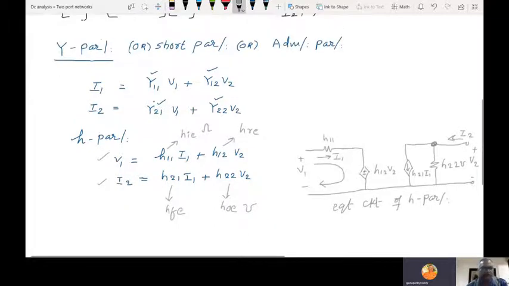How to draw the equivalent circuit for Y? For Y, both are current form, right? That means both are in parallel.